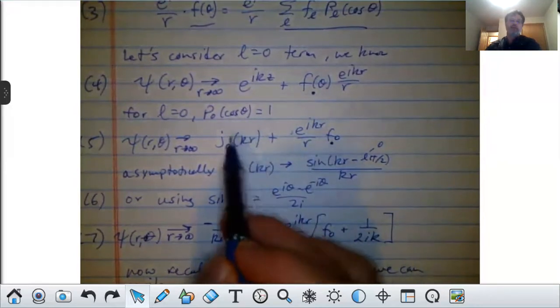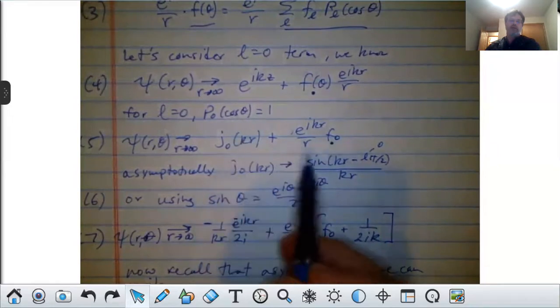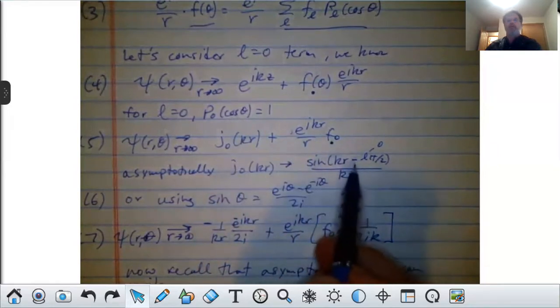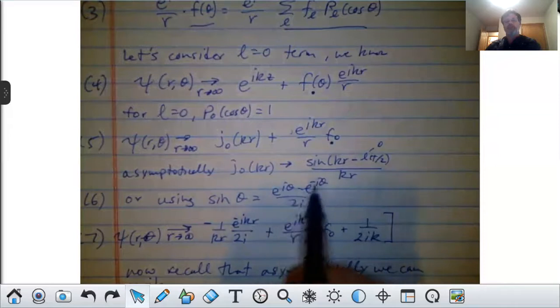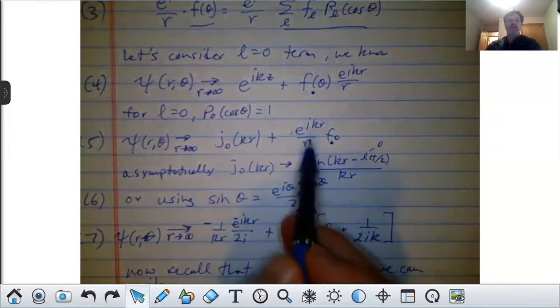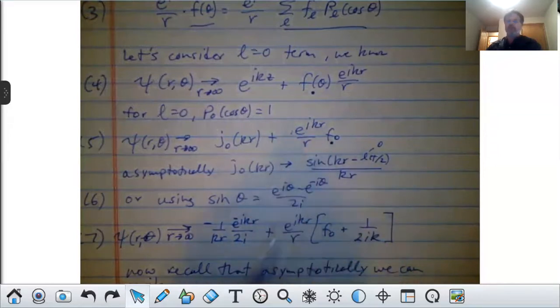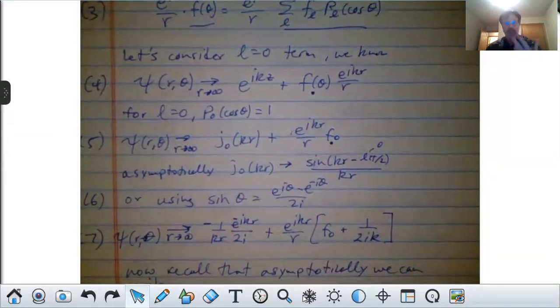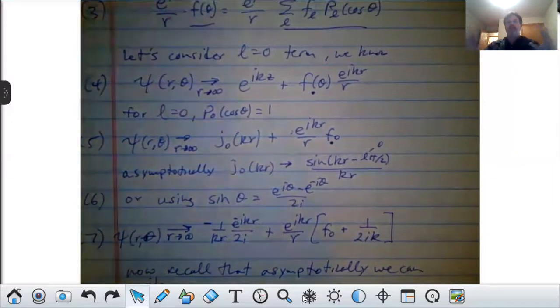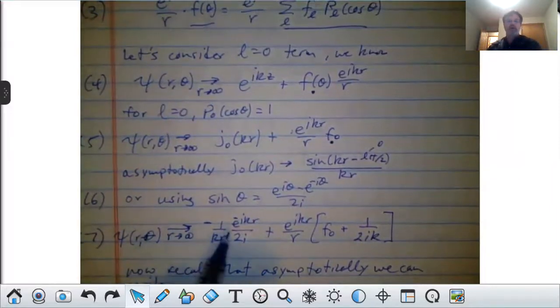I wrote my j0 of kr using this formula, but with this expression for the sine, and then I rearranged things a little bit. So I'm skipping a fair amount of algebra there, but hopefully you get the main idea. I'm just trying to write asymptotically, in terms of e to the minus ikr and e to the ikr, this wave function psi, what it should look like, the incoming and outgoing scattered wave.